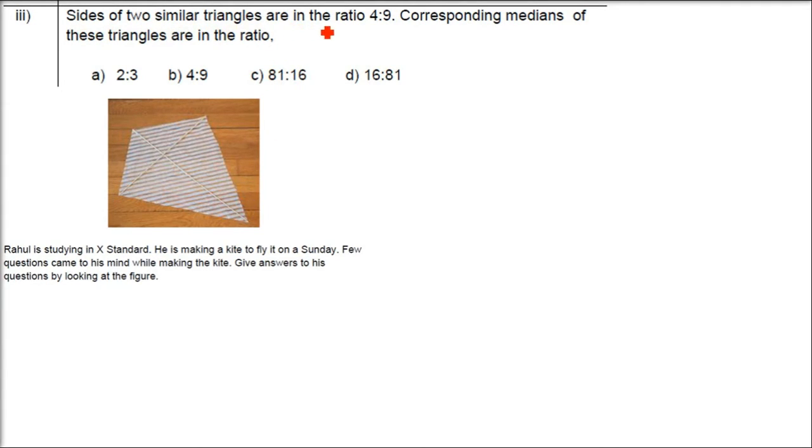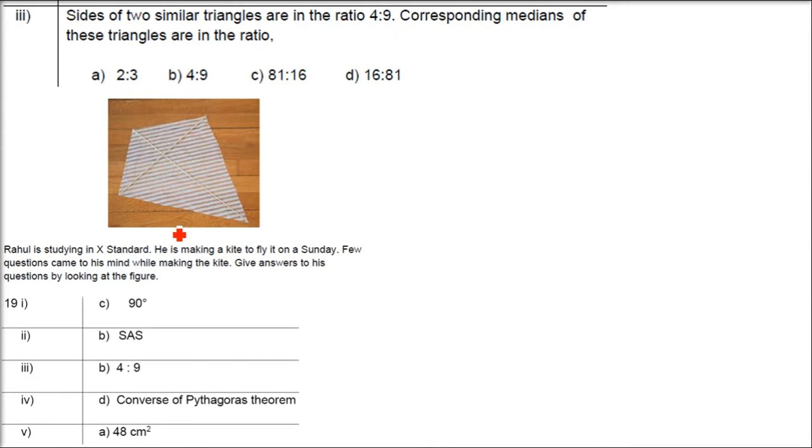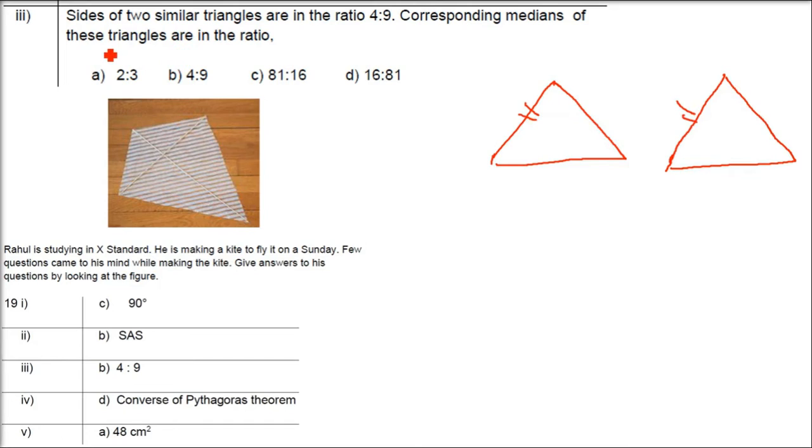Sides of two similar triangles are in the ratio 4:9. Corresponding medians of these triangles are in the ratio? Now we know medians are always in the ratio of the sides. This we have already seen, right? If we take two triangles, we have already seen the theorem while doing the theory, that the ratio of the sides is equal to the ratio of the medians.